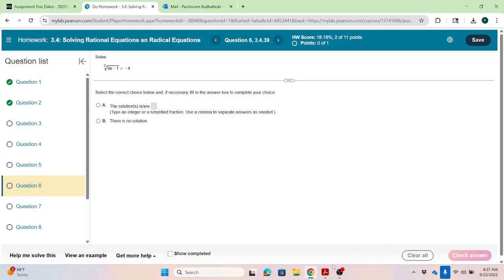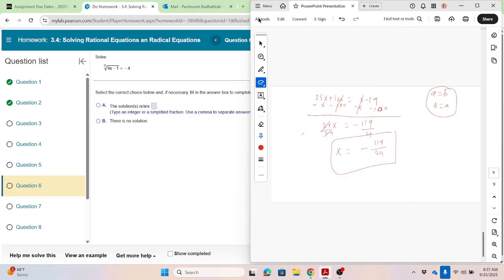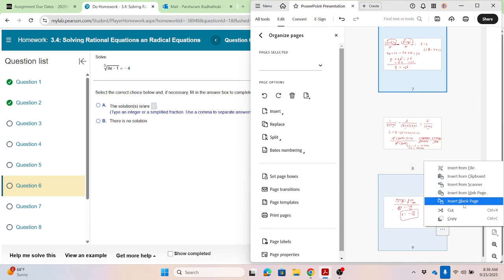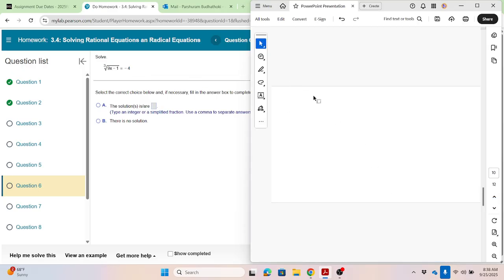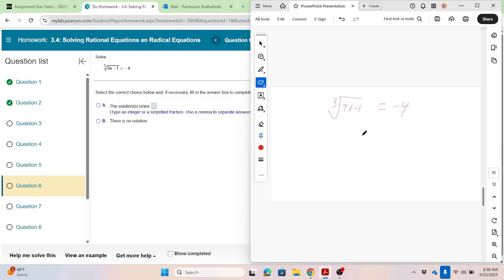For example, let's say you have this equation. It's the cube root of 9x minus 1 equal to negative 4.